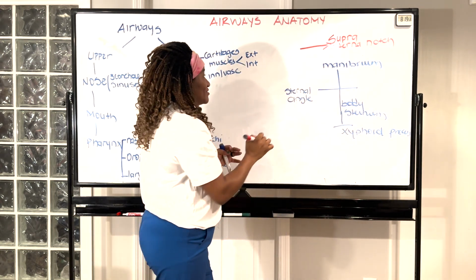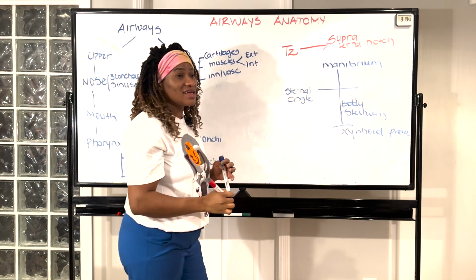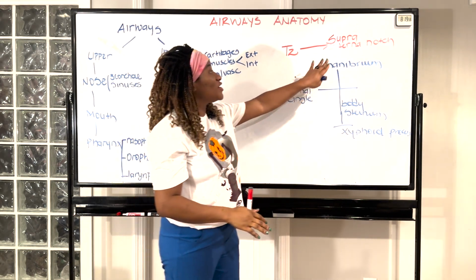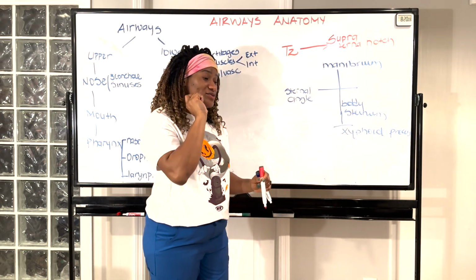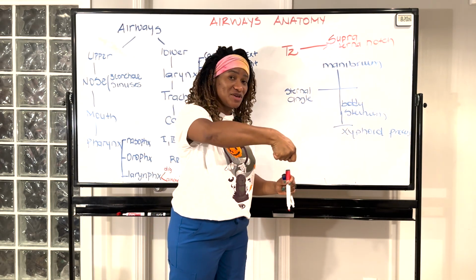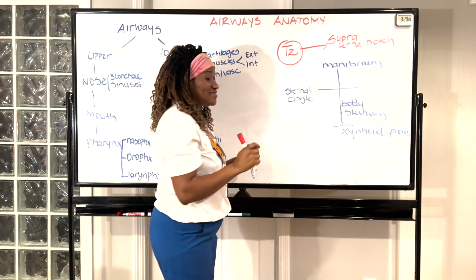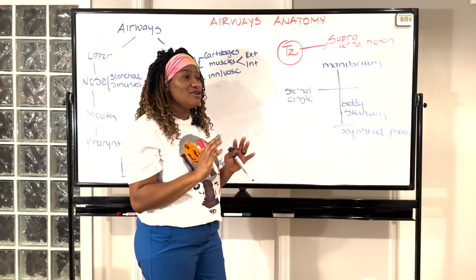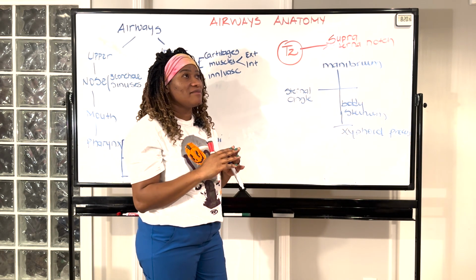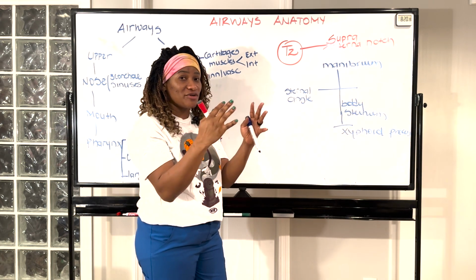This suprasternal notch is at the level of your T2 vertebra. And this is where you want your ET tube to end. When you intubate your patient, it's at this point that the ET tube should stop. And we also said it's 5 to 7 centimeters above your carina.